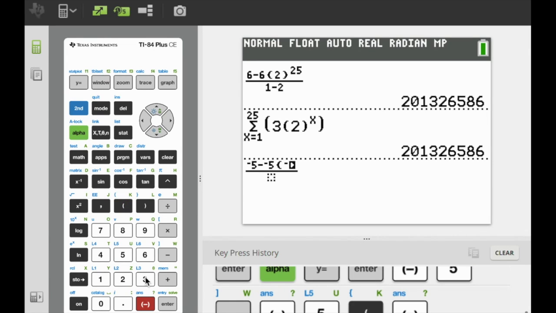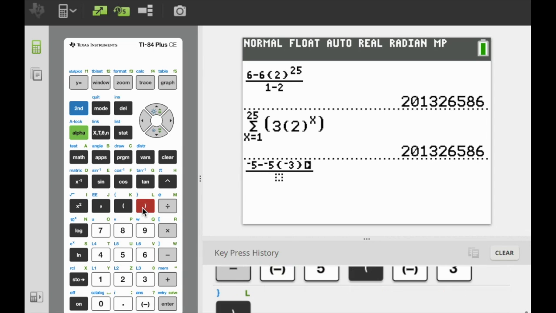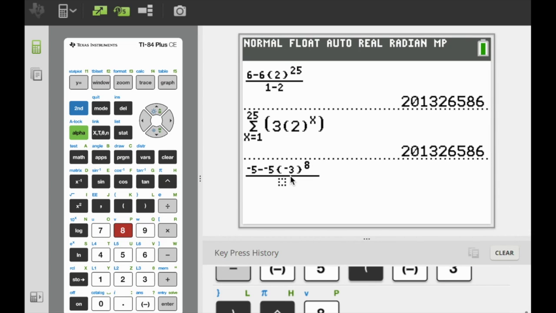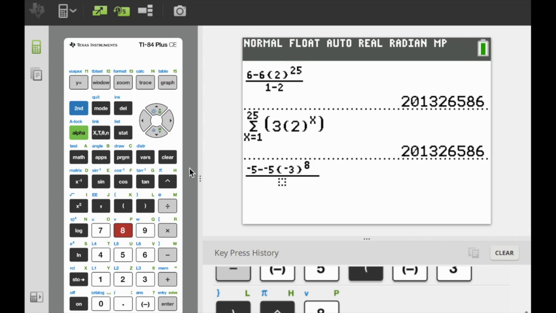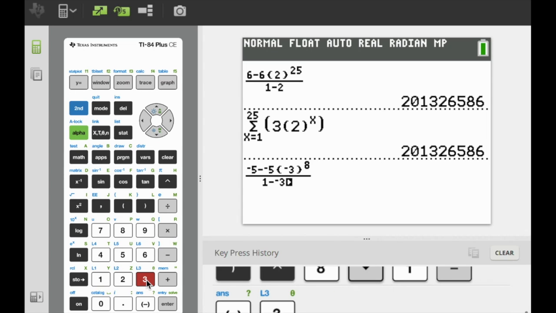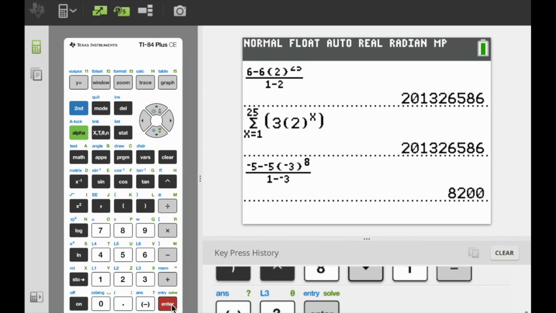Parentheses, make sure that R is in parentheses because it's only R that's to the 8th power and not both the -5 times -3. Okay. And then divide by 1 minus -3, which we know is really 4. So you could do that instead. And I get 8,200.